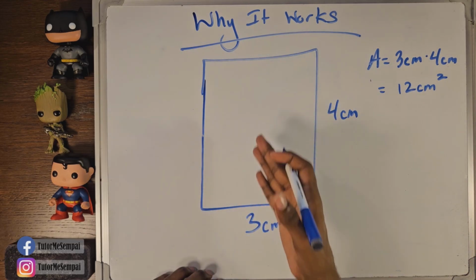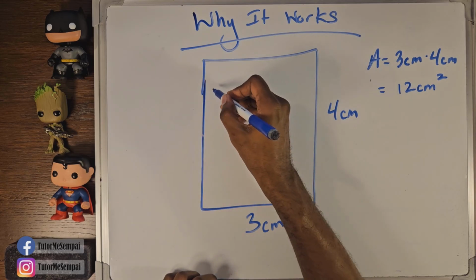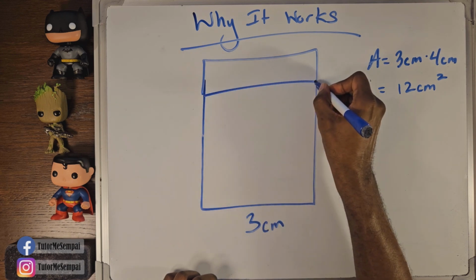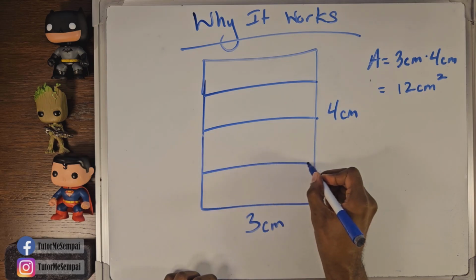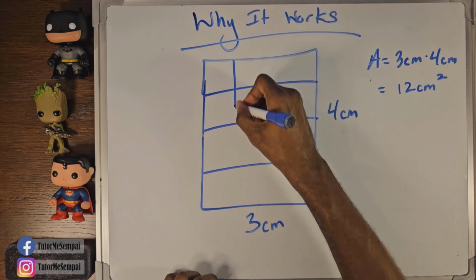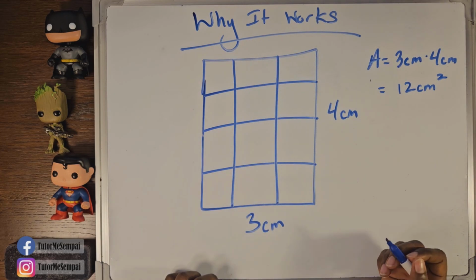But how does it look? Cut this into 3, cut that into 4. So we have 4 pieces here: 1, 2, 3, 4, and 3 pieces: 1, 2, 3.